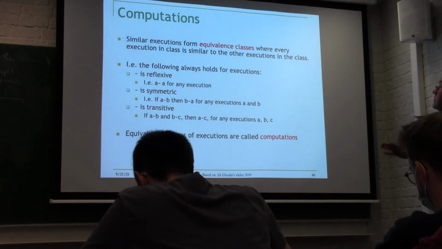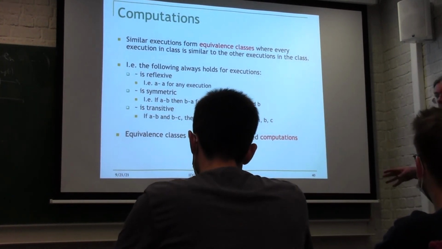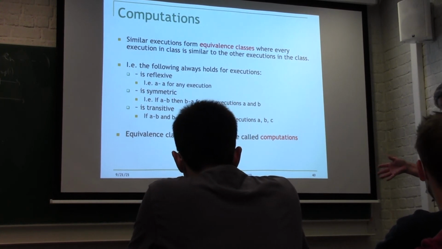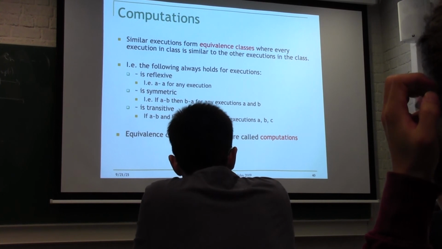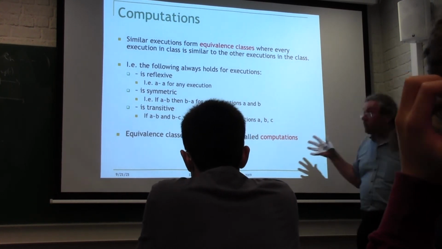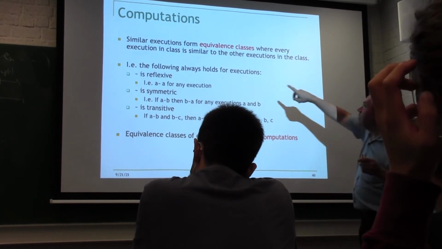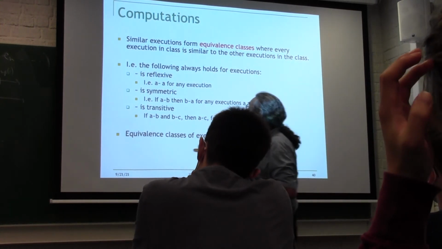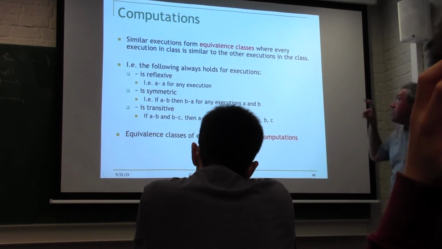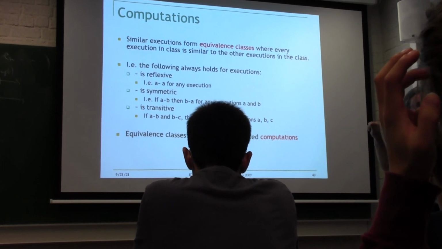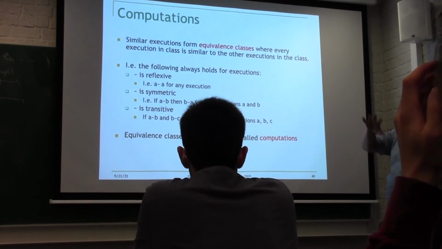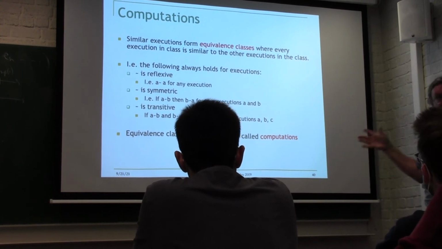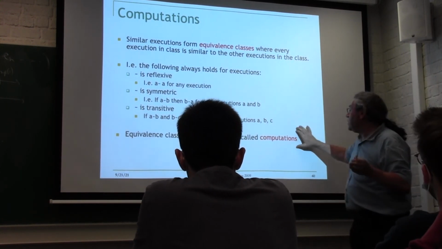So if I run the same program many times, and it does the same thing every time, same causality, the messages can still be going differently. It's always doing the same thing. So similar executions are doing the same thing. The thing that they're doing is called a computation. So all these similar executions are actually the same computation.